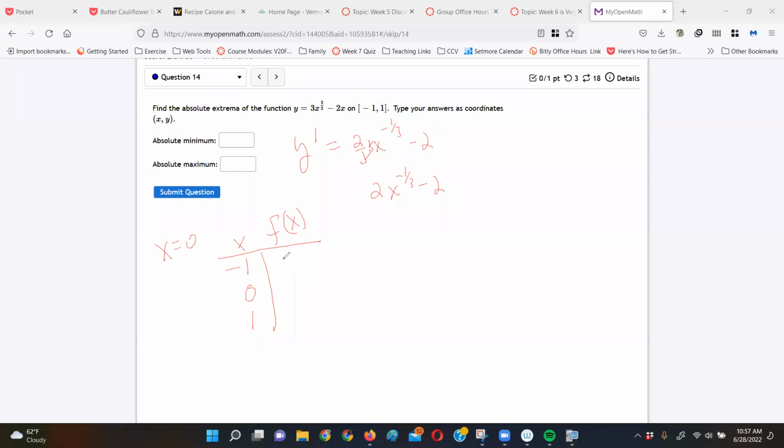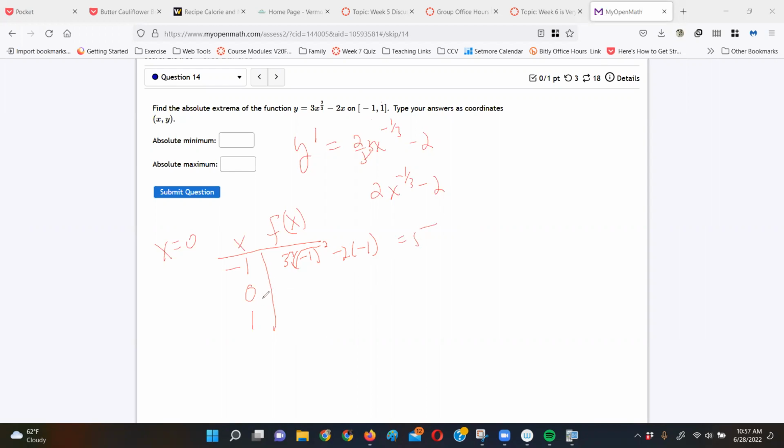So let's see. 3 times, remember, now I'm going back to the original function. So 3 times -1 to the 2/3, which is the cube root of -1 squared, minus 2 times -1. Cube root of -1 is -1, squared is 1, 3 plus 2 equals 5.